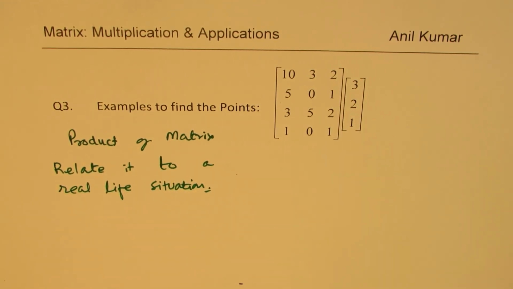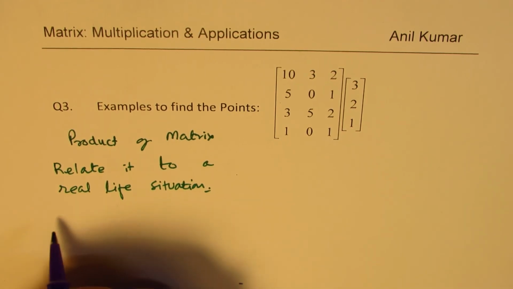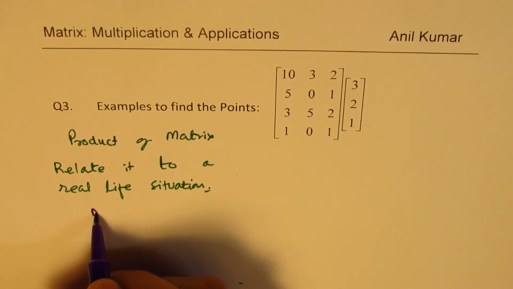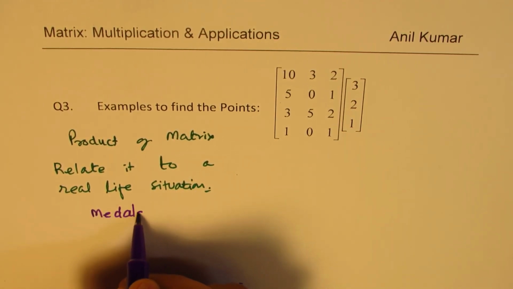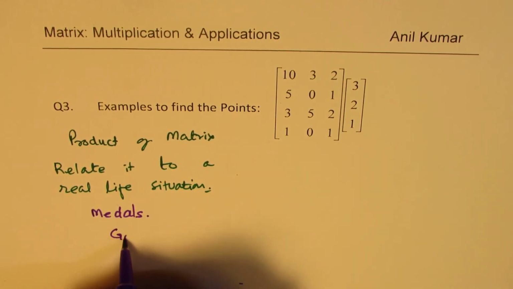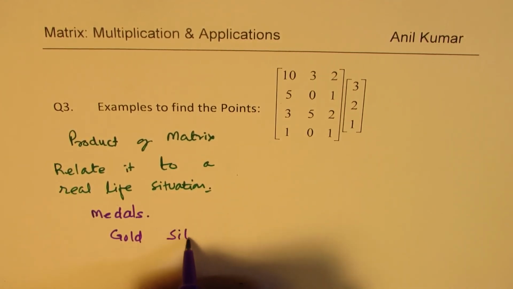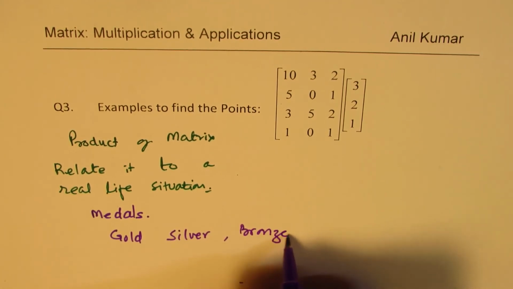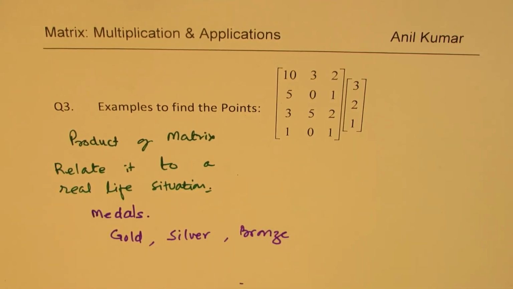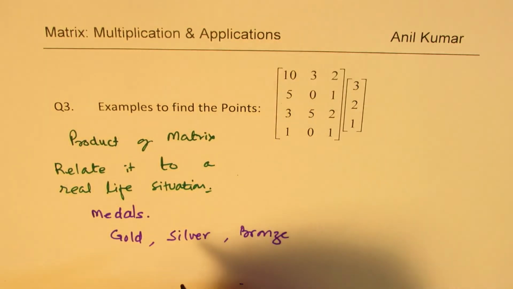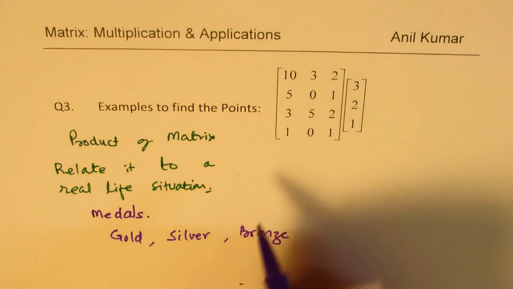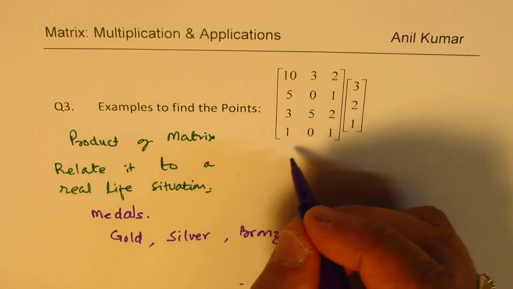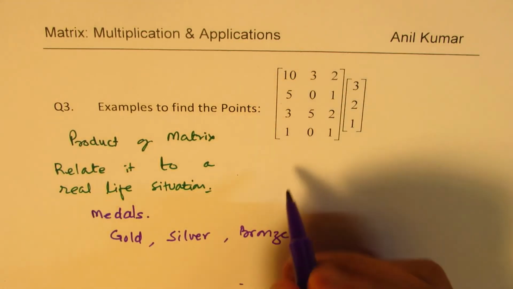Here is the one. I'm thinking about the medals. Let's think about gold, silver, and bronze. Okay, so you could think, well, these are the countries on this side, right? So we have a matrix which represents medals for countries, right?